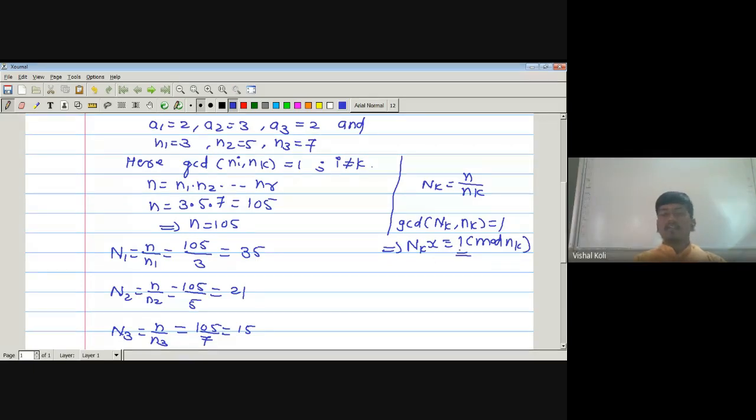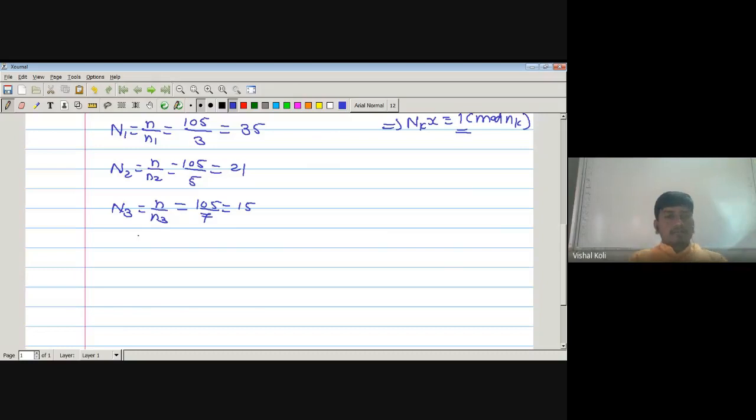Since ax congruent to b modulo n has a solution if GCD of a and n divides b, and it has exactly d incongruent solutions. As here the GCD is equal to 1, it has exactly one unique solution. Therefore capital Nk x congruent to 1 modulo nk has a unique solution.